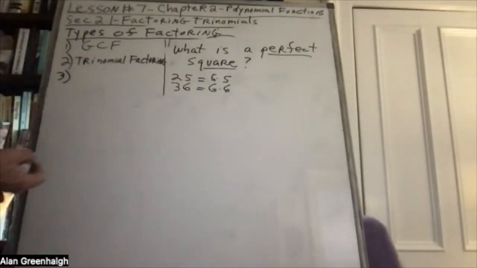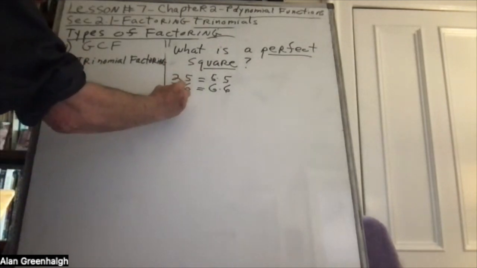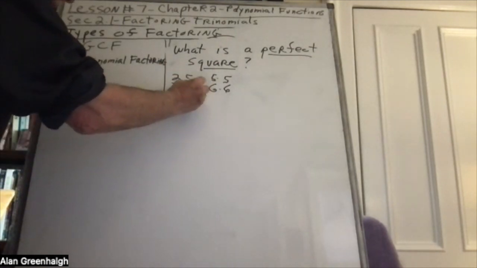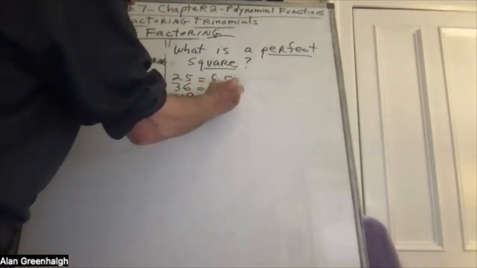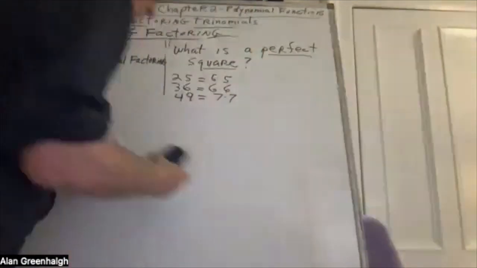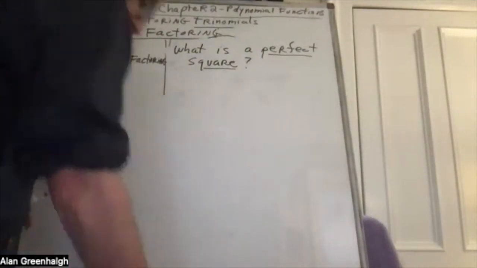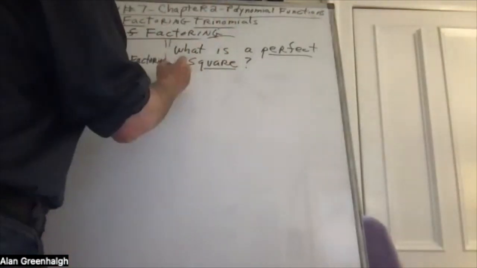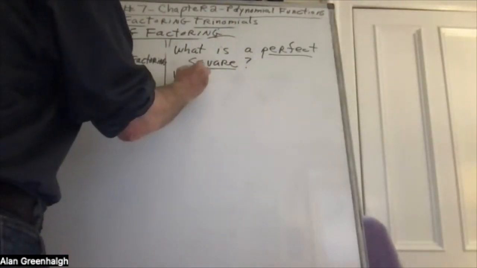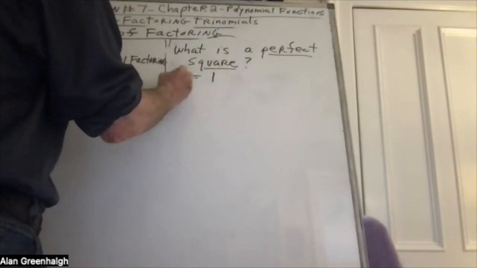Okay, so how many perfect squares are there? Would 1 be a perfect square? 1 would indeed be a perfect square, yes. Let's allow a little more room here, though, because we want to create some kind of list that people can refer to. So you're saying 1 times 1 is a perfect square.